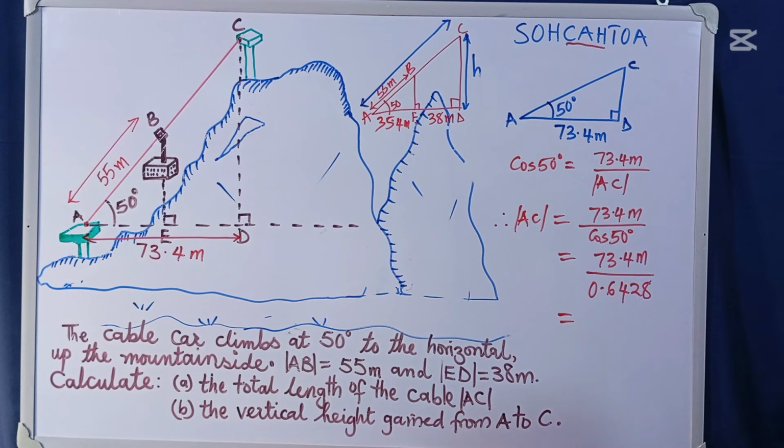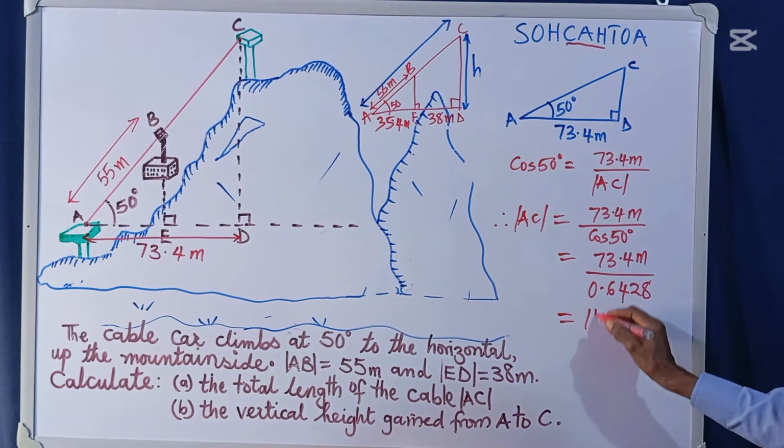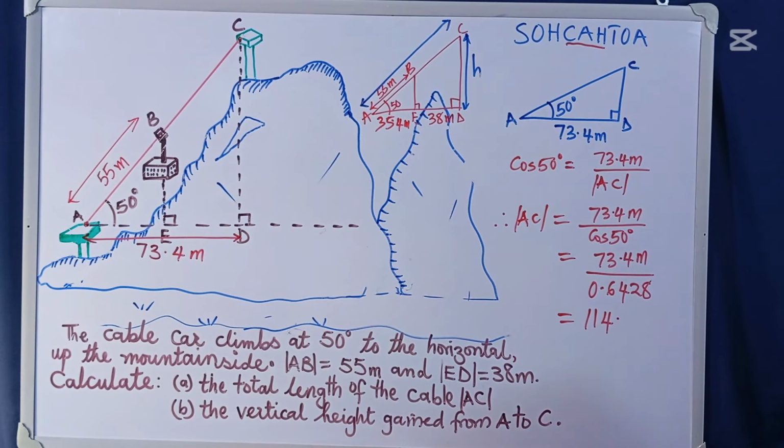So have you done the division? I want you to just press this on your calculator. Right, you got 114 point what? 188. 114.188 meter.